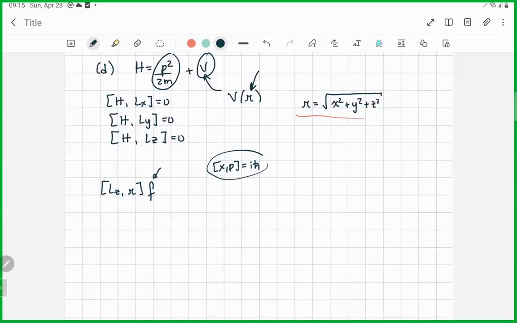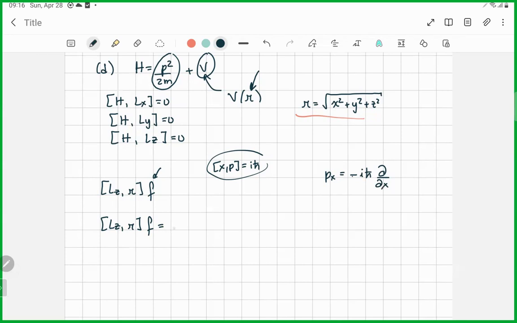And how do we go? Well, let me write this again here to get more space. First, let's write what this operator Lz is, but using that momentum is minus i h bar d/dx or y or z, depending on the direction.